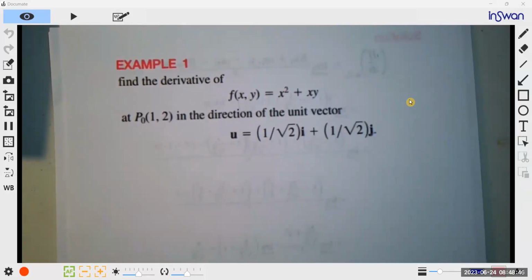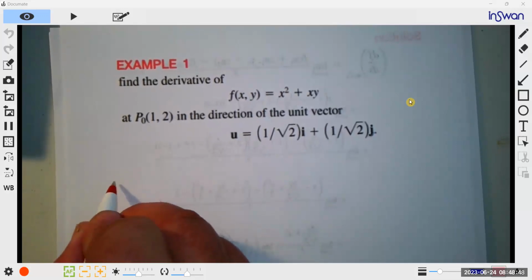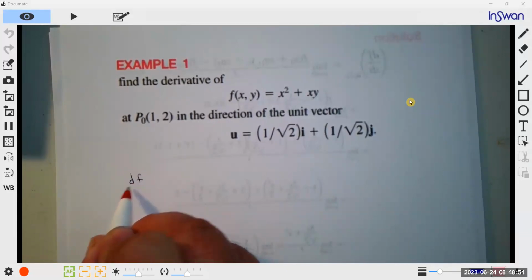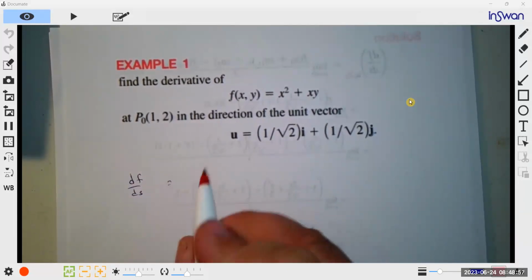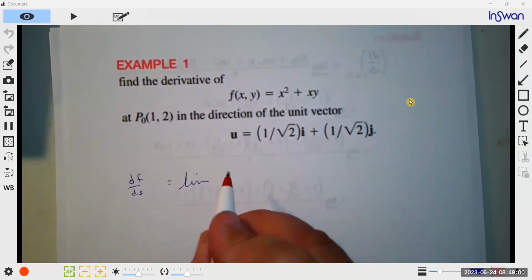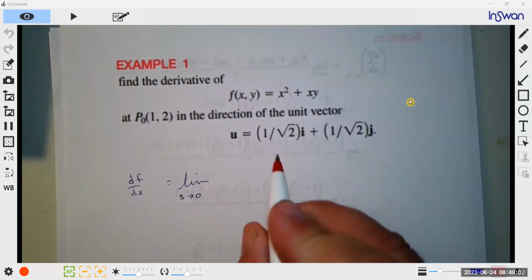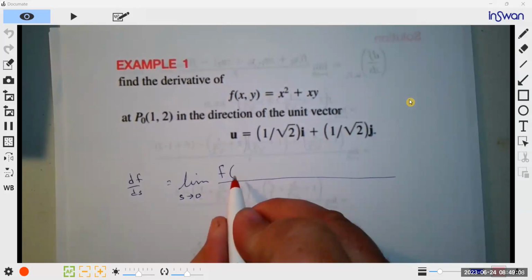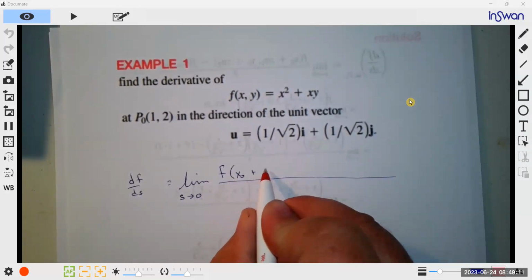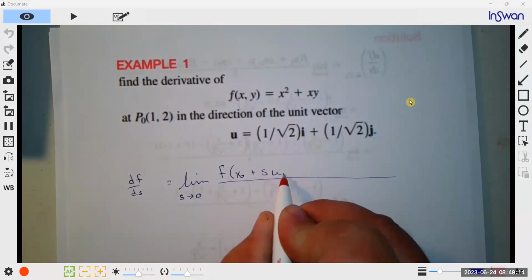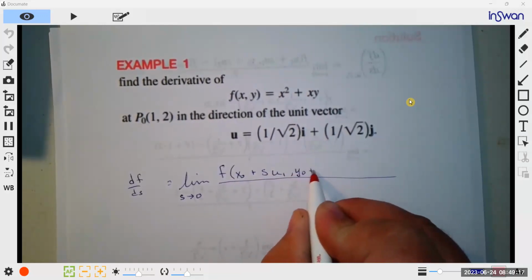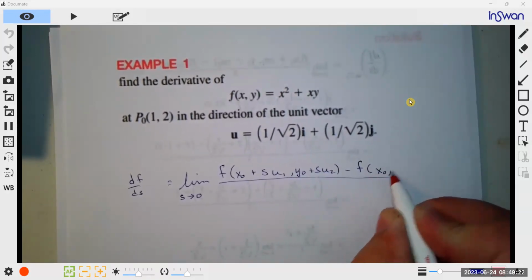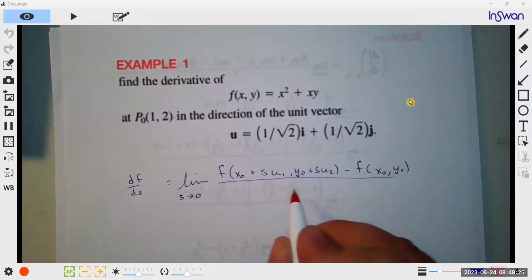So my limit function, we're going to be using the limit function because we're looking for df over ds, which is the limit as s approaches 0 of f of x sub 0 plus s u sub 1, y sub 0 plus s u sub 2, minus the initial function.